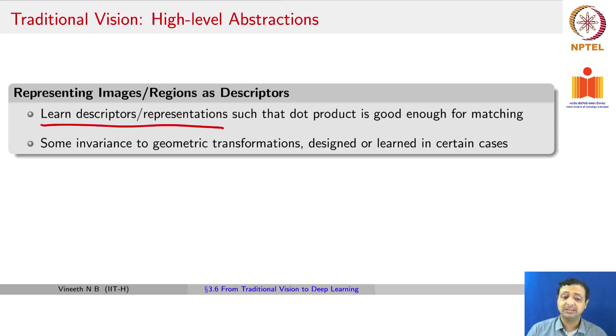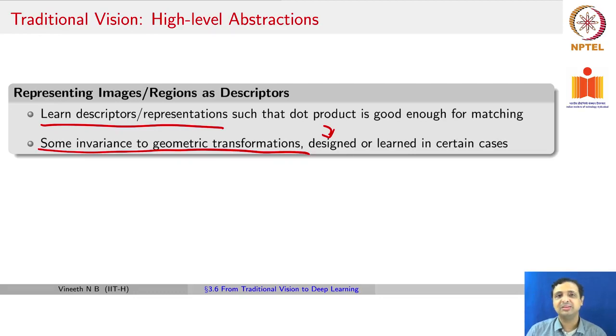These kinds of descriptors have some invariance to geometric transformations, a certain scale, a certain rotation, certain translation, but in certain cases that's designed in the algorithm. In certain other cases, they may have to be learned through other means.